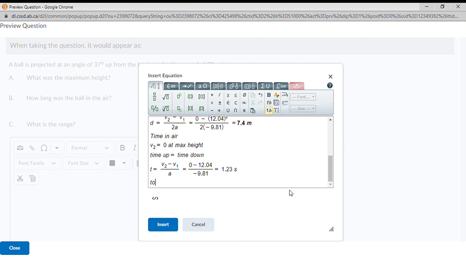So the total time, or time in the air, will be 2 times the time up.